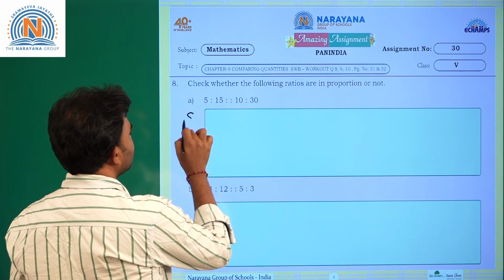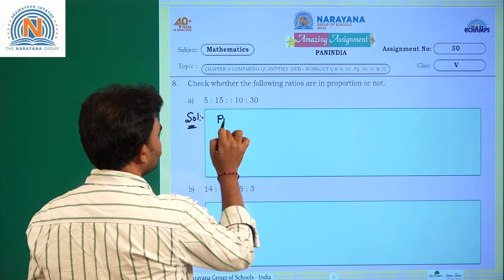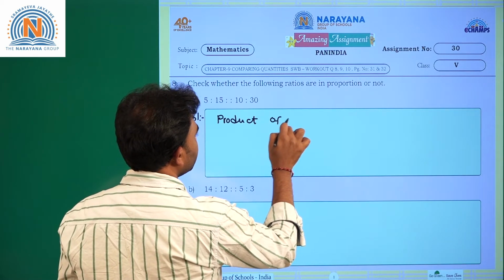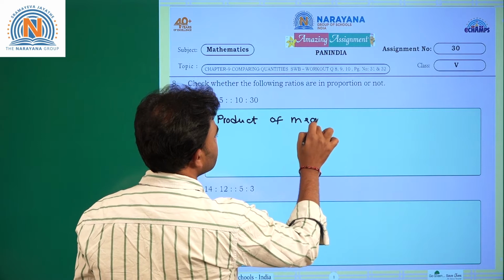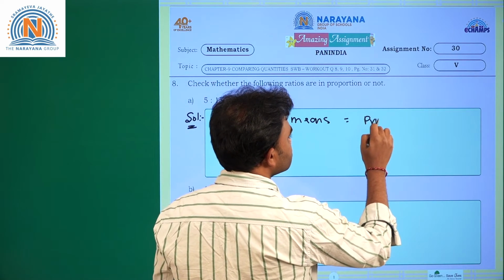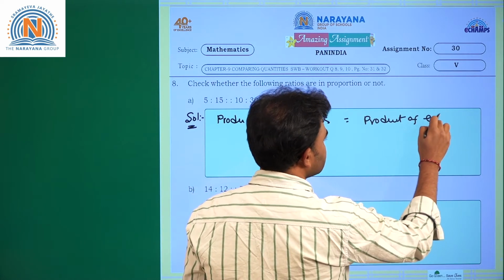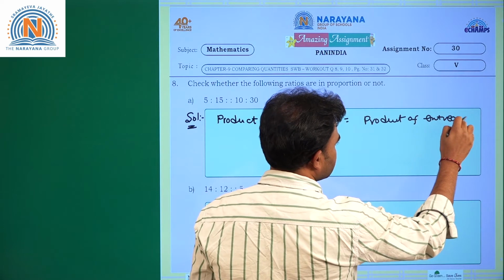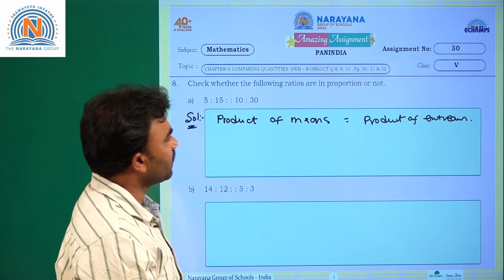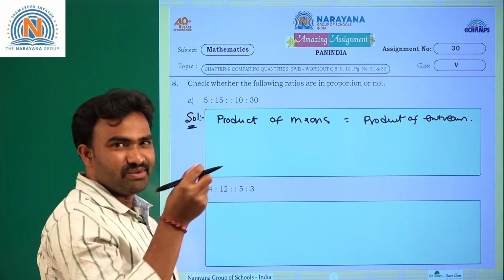To check that we have a formula: if the product of means is equal to the product of extremes, then we say that those ratios are in proportion.